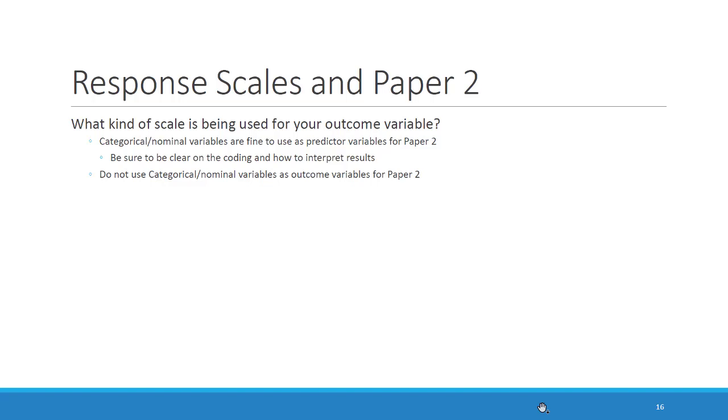Just make sure to be clear on the coding and how to interpret the results. So if you are using gender, for instance, as a categorical predictor, and 1 is male, 2 is female, and maybe 3 is non-binary or other, then you need to make sure that you are reporting that in your results.